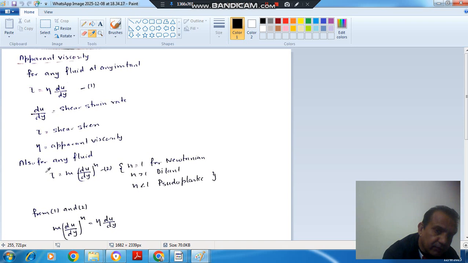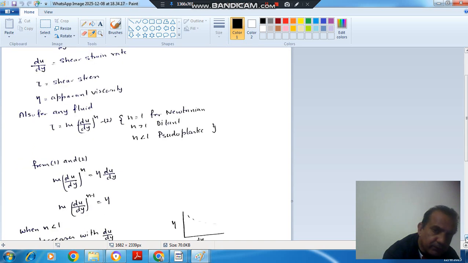But if we take the constant value of this viscosity, then the law for any fluid is tau equal to mu (du/dy) raised to n. Here this value is constant, but here this value is variable, at a particular instant of time. When n is 1, it is a Newtonian fluid.